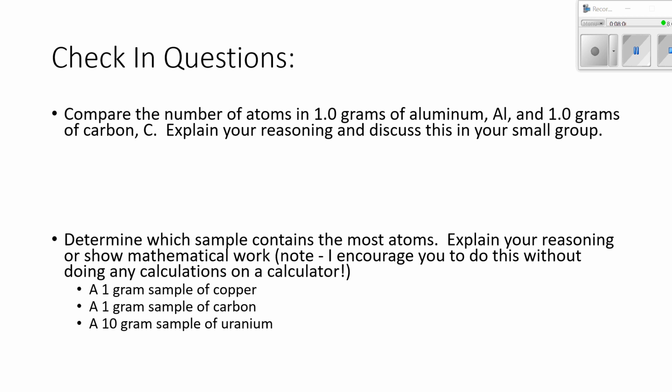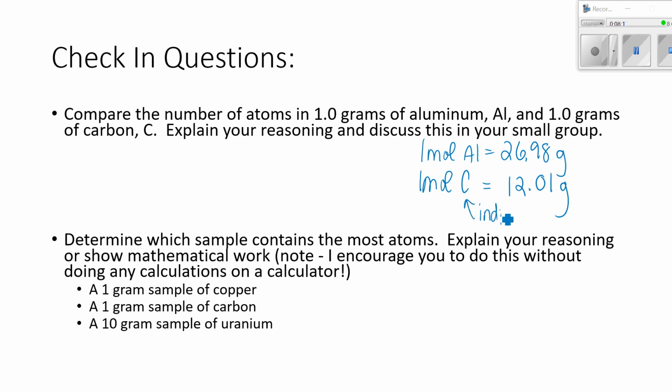Well, we know that every 1 mole of aluminum is 26.98 grams. Remember, we saw that on the previous page. And 1 mole of carbon is 12.01 grams. So what this tells us is it looks as though individual atoms of carbon are lighter.